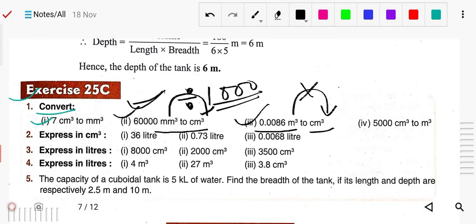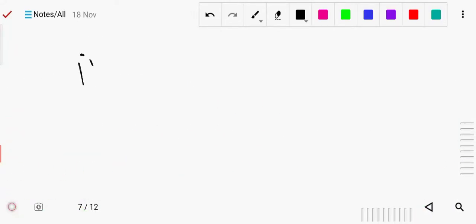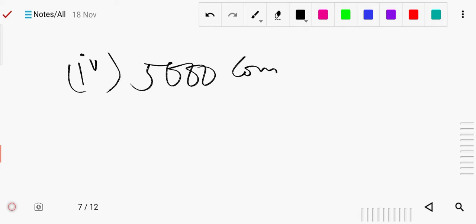Now next, question number 4. Centimeter to meter means lowest to highest you are going, so you have to divide. 5000 centimeter cube to meter cube you have to convert.